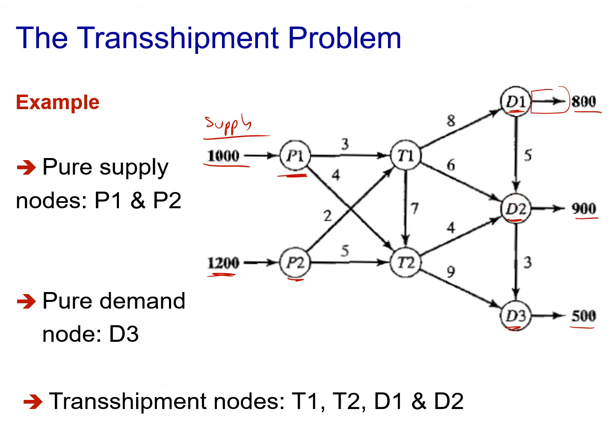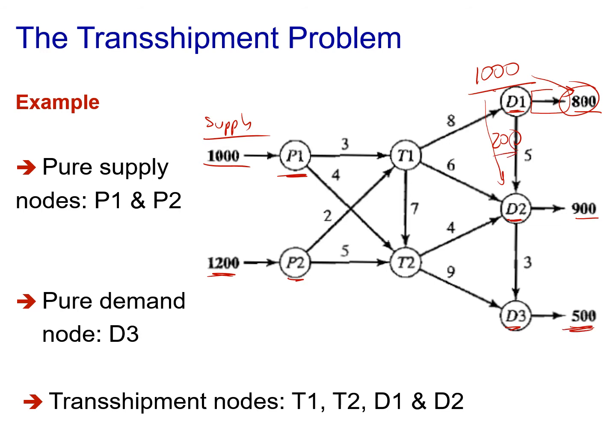What do I mean? In the optimal solution, for example, D1 can receive 1000 items. So 800 of these will be used to satisfy its own demand, but 200 will be sent to D2. Such a solution is possible.